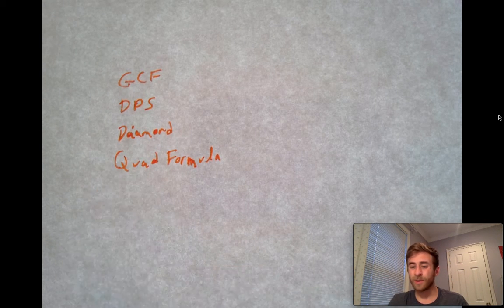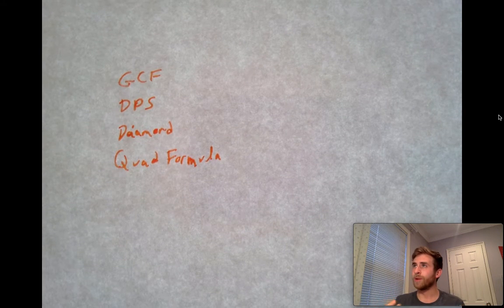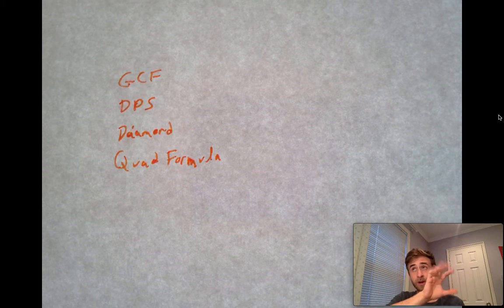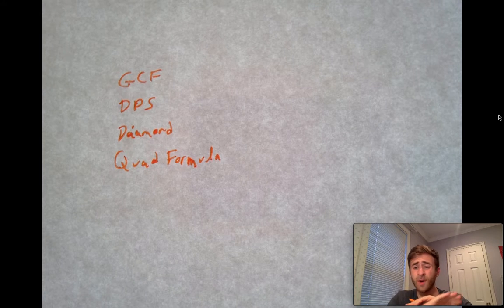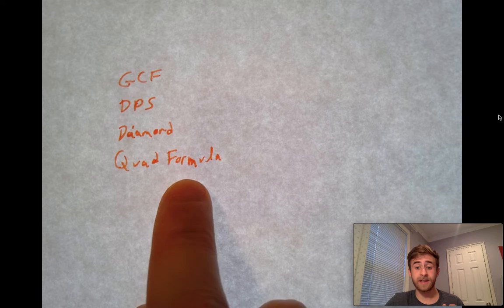Diamond factoring is the traditional way, where you look for 2 numbers that multiply to the third term and add to the second term. If all else fails and you can't figure it out no matter what, the quadratic formula is there for you.